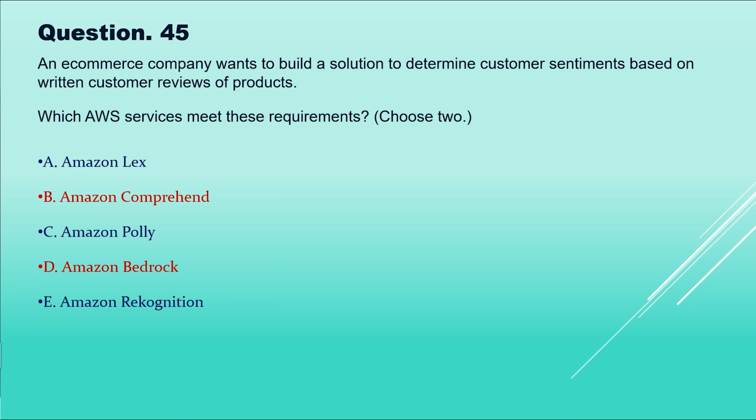And Amazon Bedrock is a fully managed service that makes foundation models accessible with simple API calls. So it allows you to build generative AI applications for various use cases, including sentiment analysis. So option B and option D are the correct answers here.